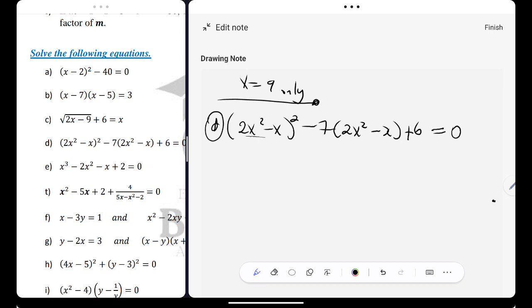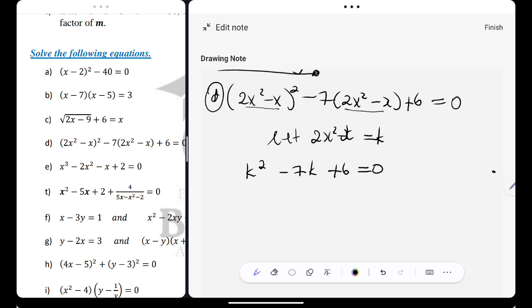I know that I have 2x squared minus x, and I also have it here. So I can just say let 2x squared minus x be equal to k. So whenever I see 2x squared minus x, I'll just substitute with k. So that means I'll have k squared minus 7k plus 6 is 0.